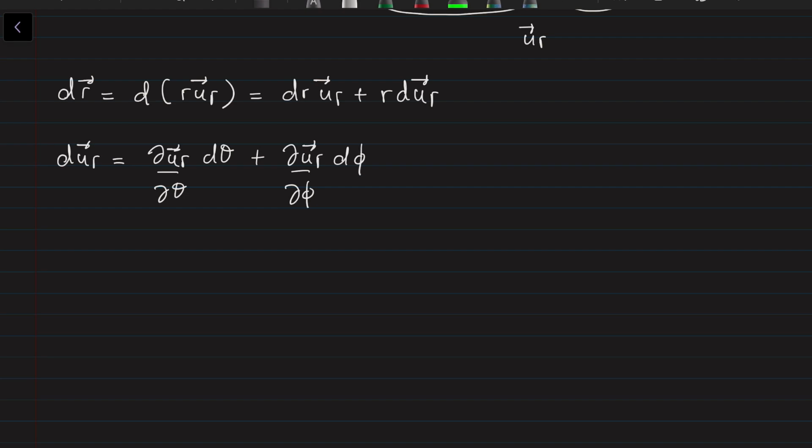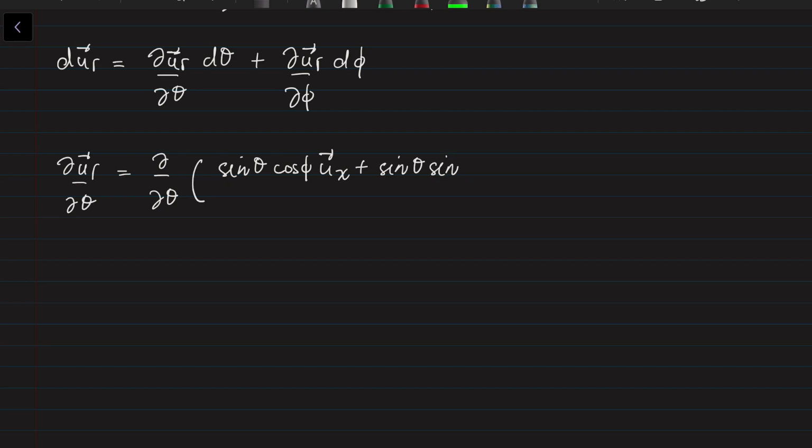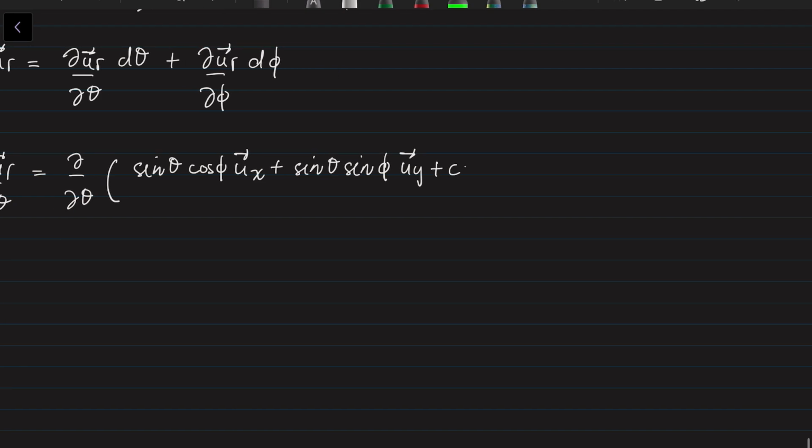Okay, so let's compute these terms. Let's do partial ur by partial theta. That's partial by partial theta of sine theta cosine phi ux plus sine theta sine phi uy plus cosine theta uz. Right? So I have to take the partial derivative of this expression with respect to theta.